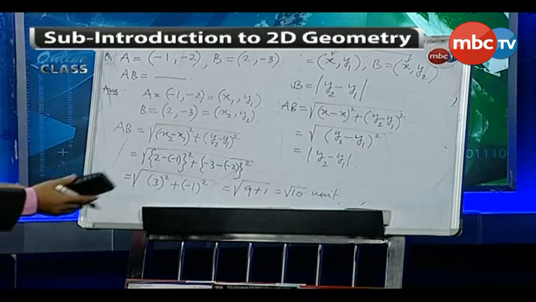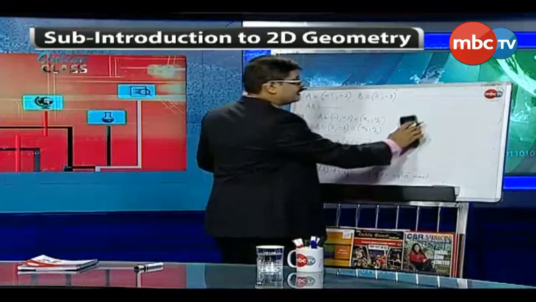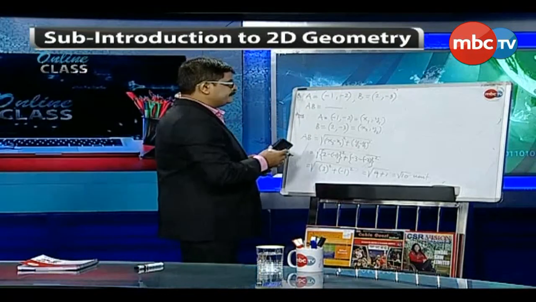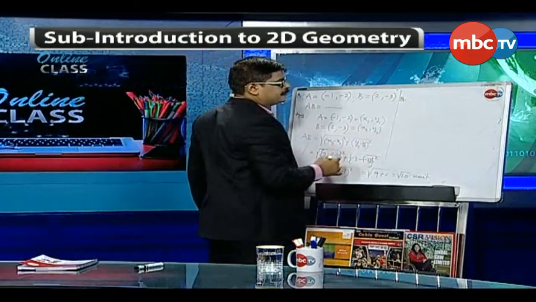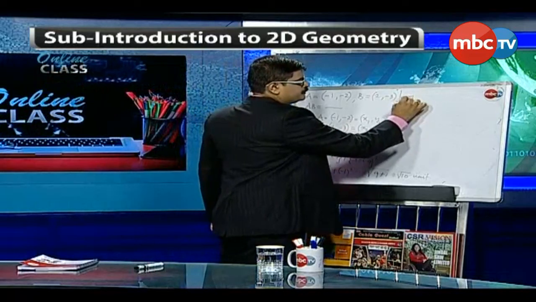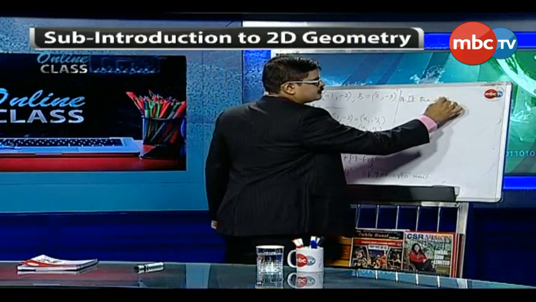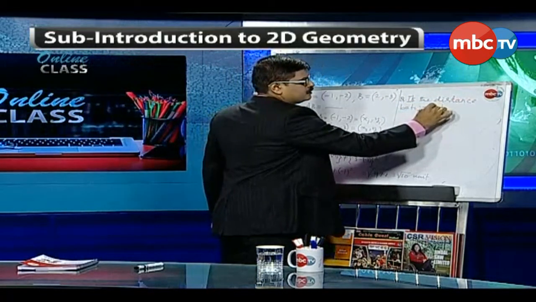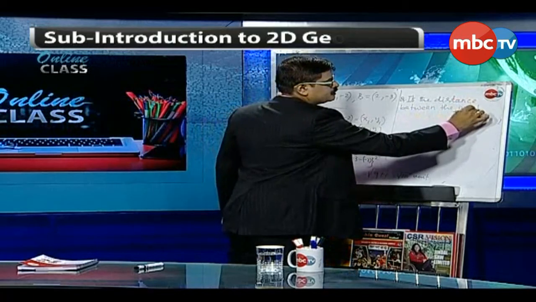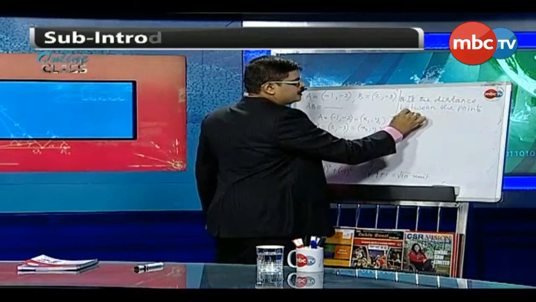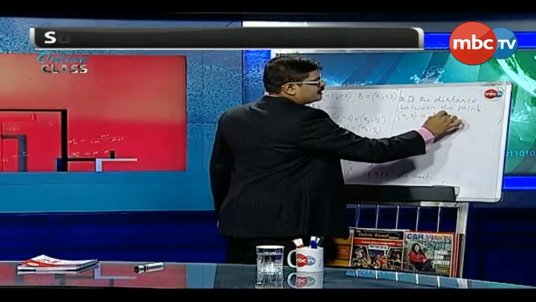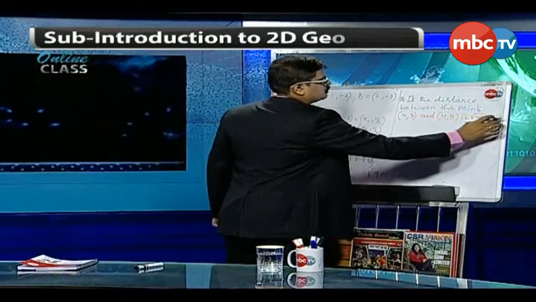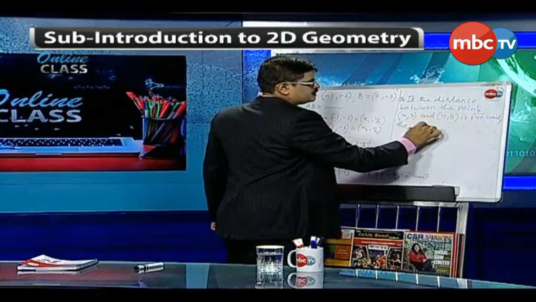Now suppose we take another problem. Say varieties of problems are there in the distance formula. You will get varieties of problems. If the distance between the points (x, 3) and (4, 5) is square root 40 units, suppose, then x is equal to dash.